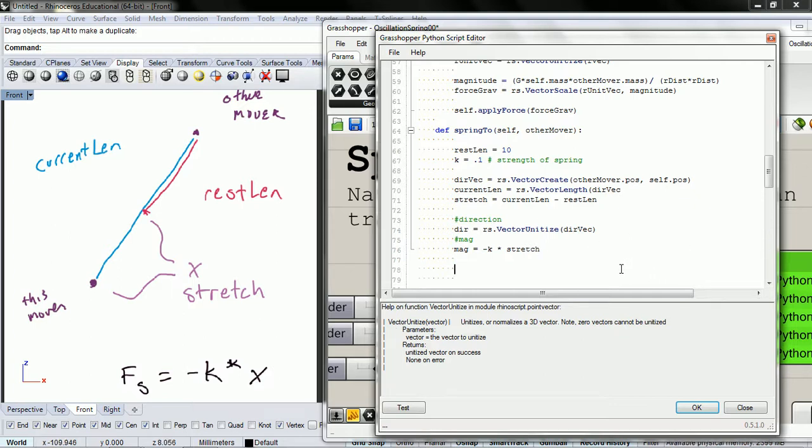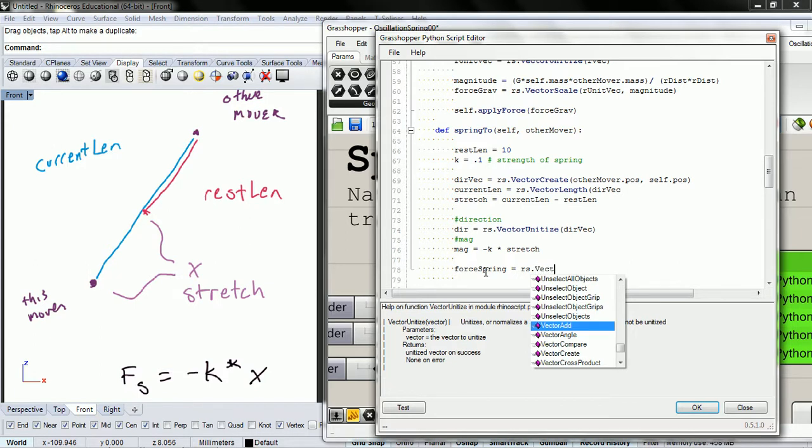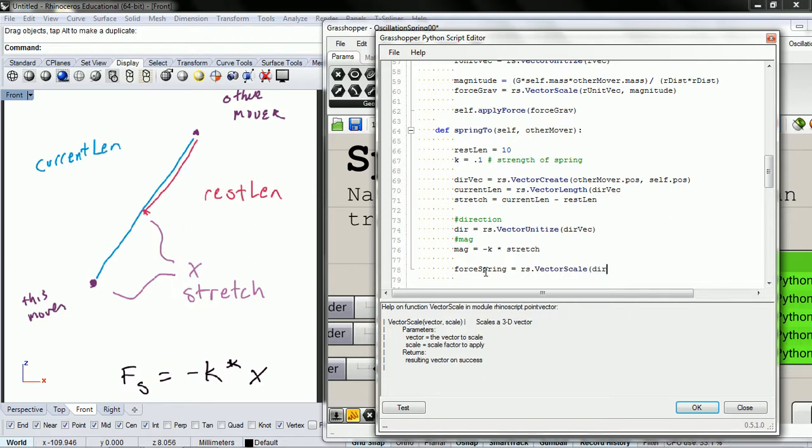And okay, so now that we have these two, we can put those together to get the force of the spring. So force_of_spring equals vector scale, and we have direction and magnitude.